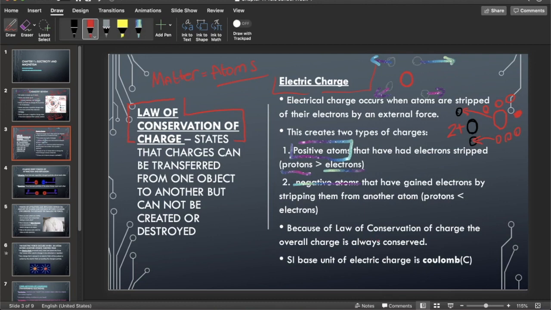And because of the law of conservation of charge, the overall charge is always conserved.